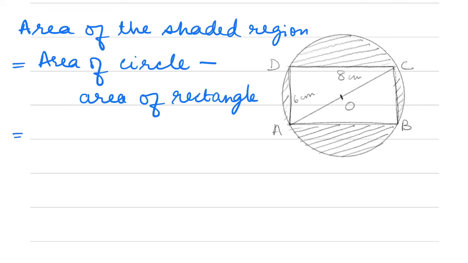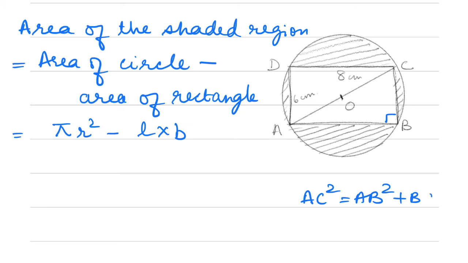Now the area of the circle is pi r square minus length into breadth. We do not know the radius, so let's find it. As AC is the diagonal of the rectangle, AC square is equal to AB square plus BC square.